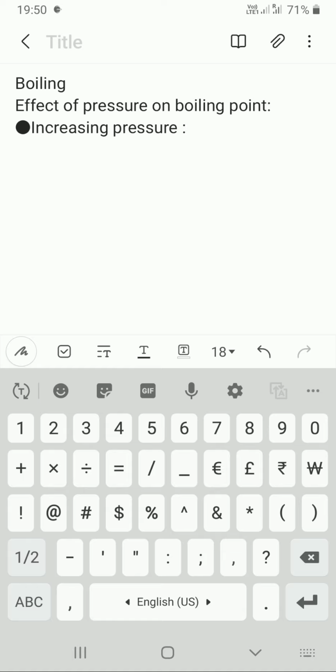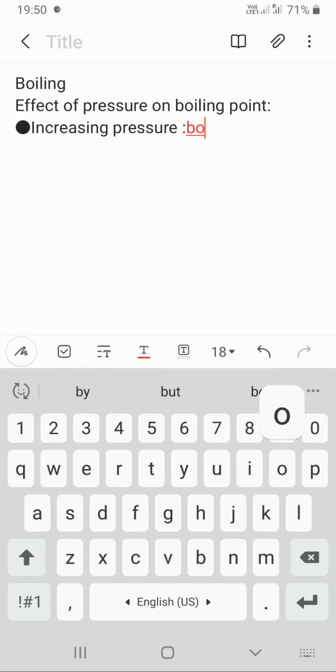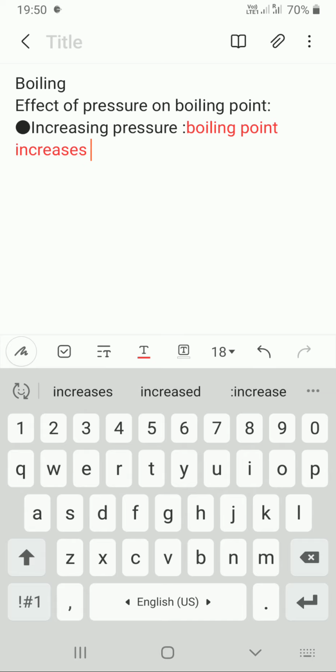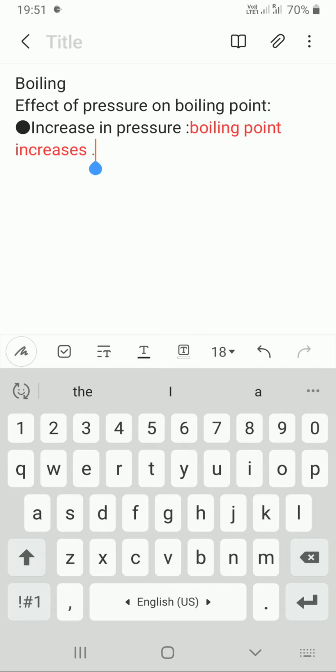So here we will write: boiling point increases with increase in pressure. Example, pressure cooker.